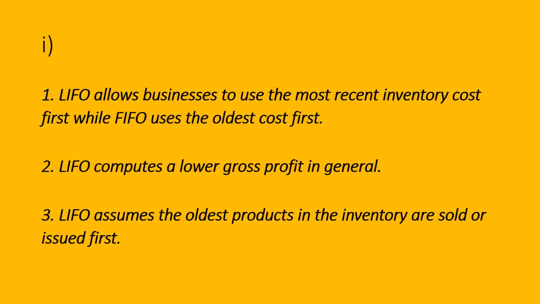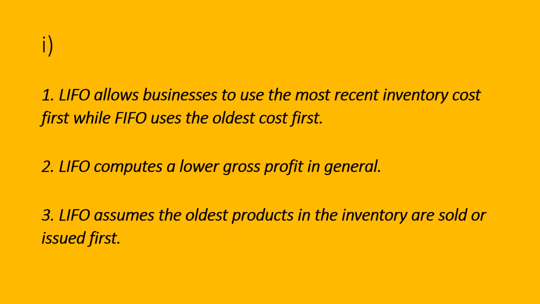Okay, I've given you here three differences. First, LIFO allows businesses to use the most recent inventory costs first, while FIFO uses the oldest cost first. And two, LIFO computes a lower gross profit in general.